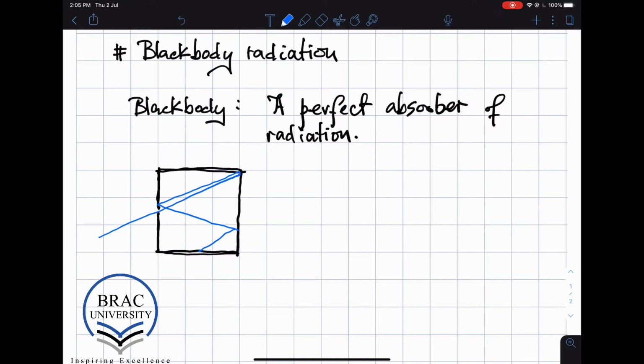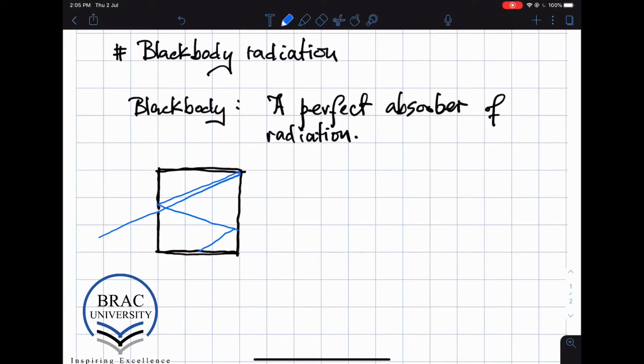It's very tiny. And therefore, eventually, this radiation will get absorbed. So as you can see, this enclosure acts as a system which absorbs all the radiation that enters within this chamber. So this is how you approximate a black body.